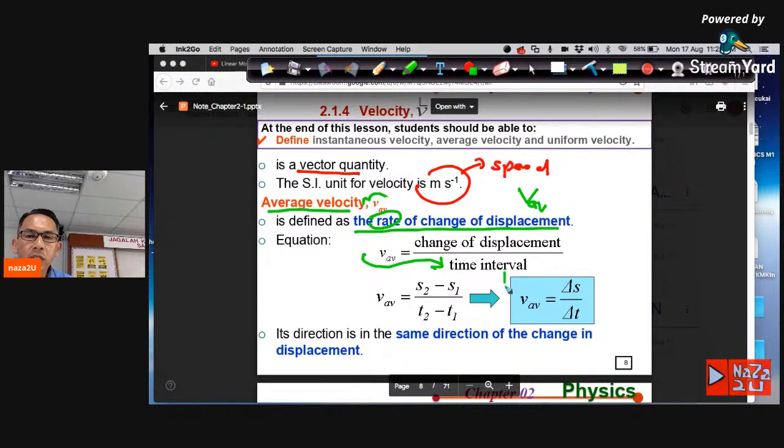Or you can see here the equation to calculate the average velocity, the triangle here. The triangle meaning there's change. Ini maksud dia, kalau masuk triangle kat sini ni, this is change. Change meaning the final s2 minus initial s1 and t2 minus t1.